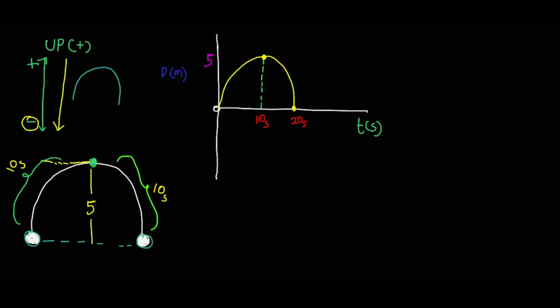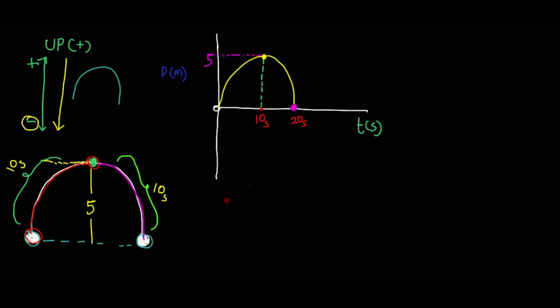The reason for 20 is that from 10 to 20 is 10. So this time equal to 10 seconds is when it reaches the maximum height, and then 10 seconds is when it reaches the level you threw it from. So that is how we draw the position time graph.